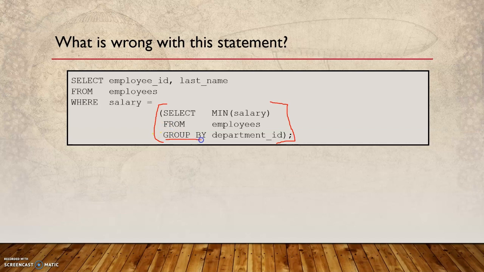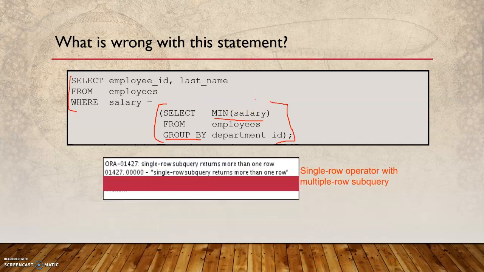Because there's a group by, it is going to get the minimum salary for all the departments. So in that case, it's going to give you multiple rows. So for this query, where salary equal to, you have multiple rows, so naturally it's going to throw an error: single row subquery returns more than one row.